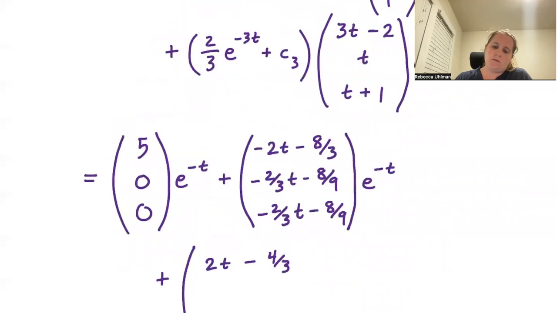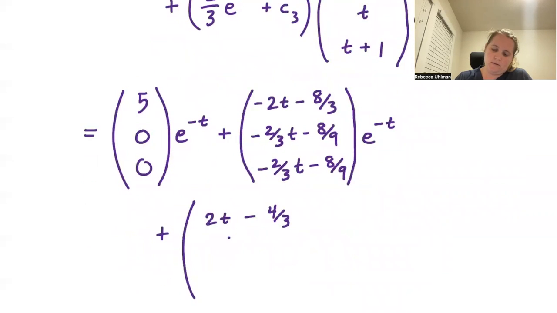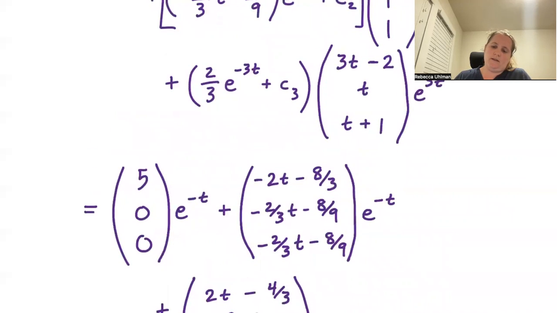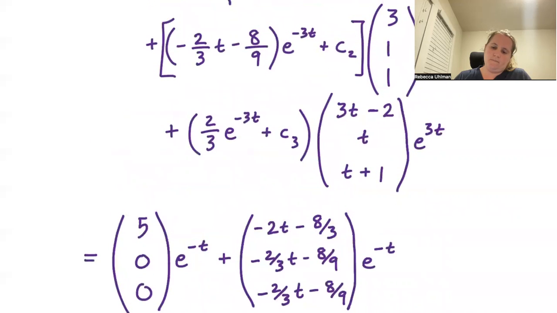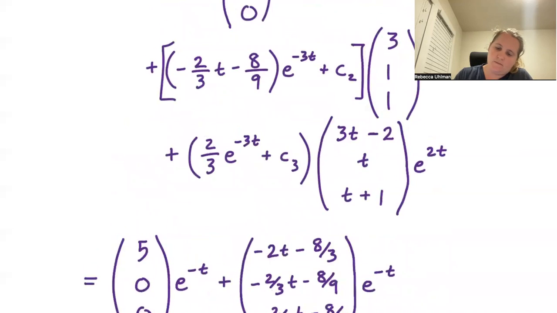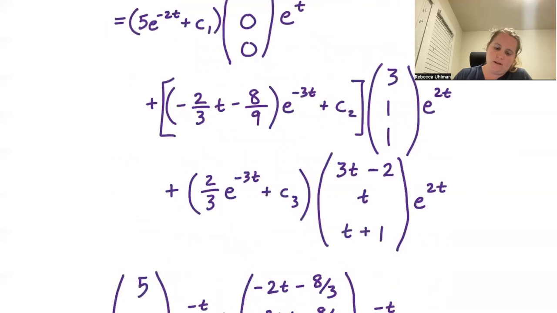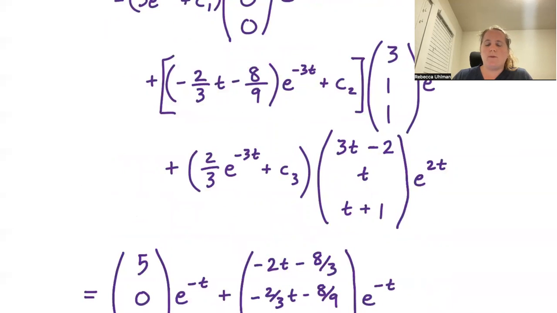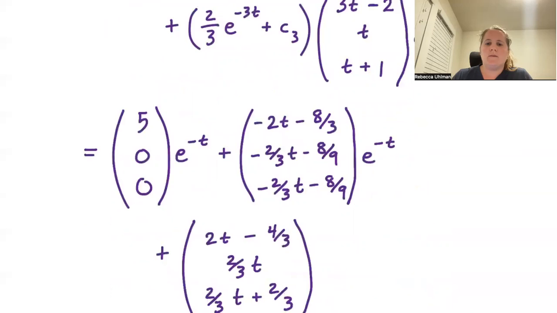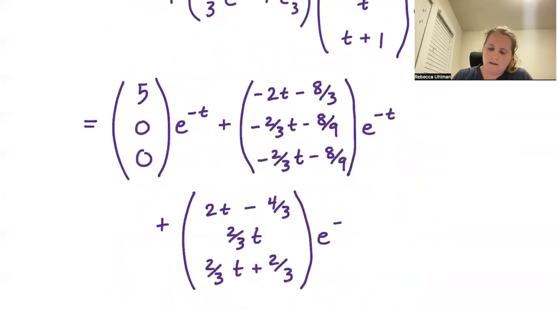Then we have 2/3 times t, and 2/3 times t plus 1, or 2/3 t plus 2/3. I apologize, this should have been a times e to the 2t when I did our u3 times y3. So again, we get a times e to the negative t.